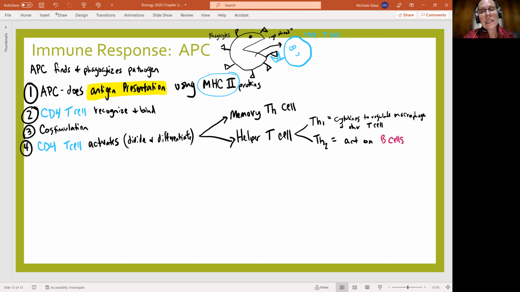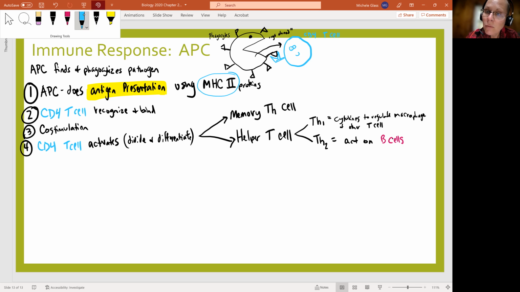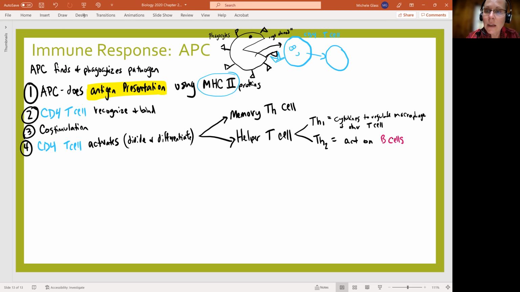What we're going to see happening next. So let me actually draw from my CD4 T cell. Let me draw a helper T. So here I'm just going to draw another circle and I'm just going to label it T H2. Okay, so I didn't give it a little face.